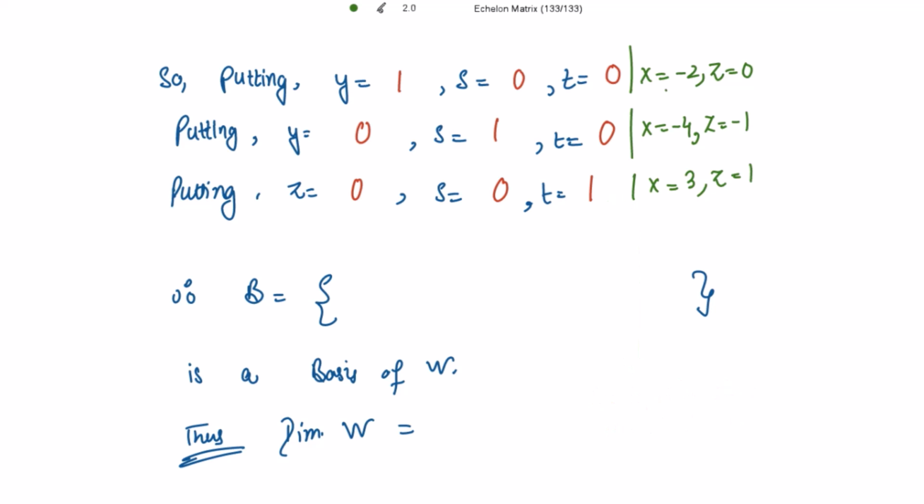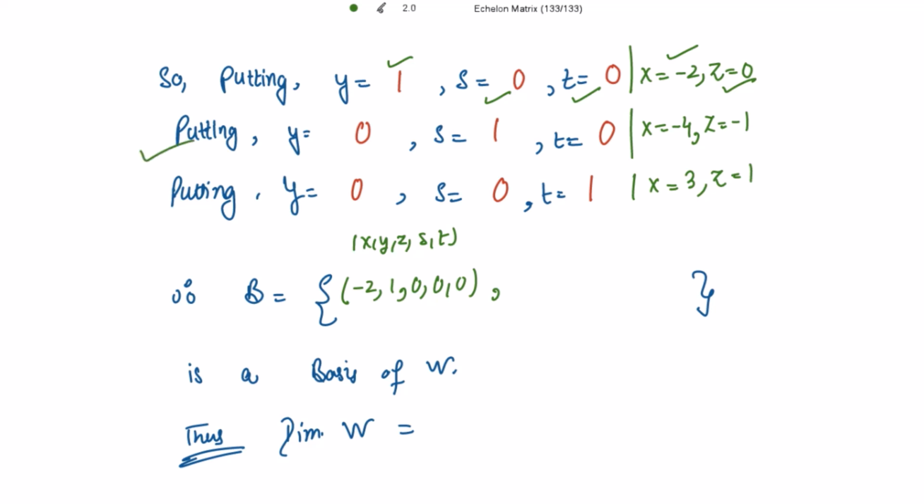So now we write the bases in the format x, y, z, s, t. Right? So the first element of the basis is, x is -2 and then the value of y is 1 and then the value of z is 0 and then the value of s is 0 and then the value of t is 0.